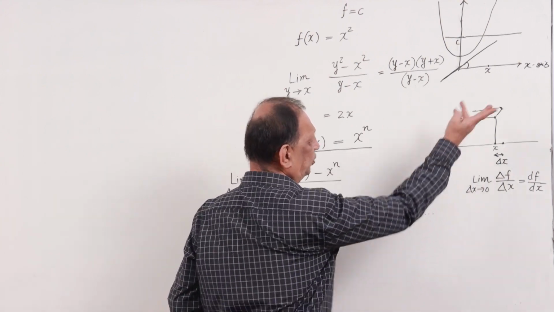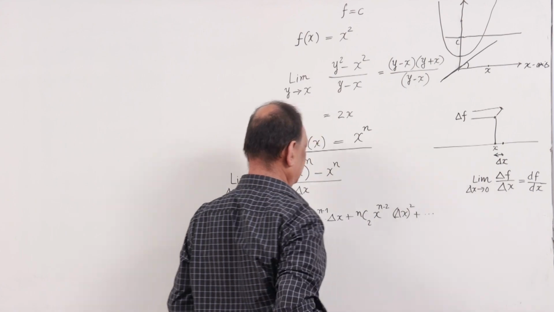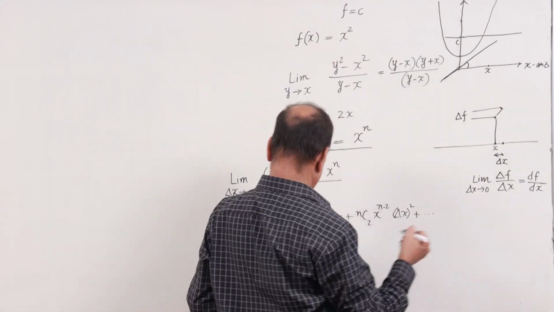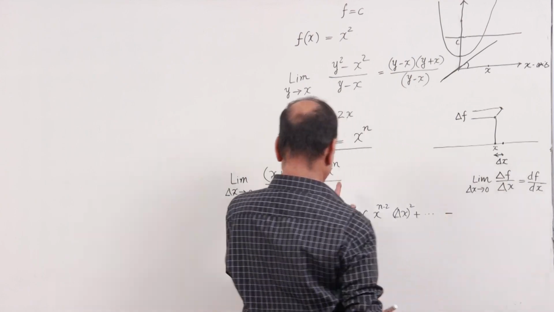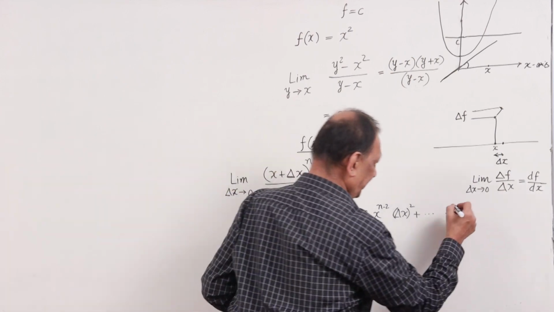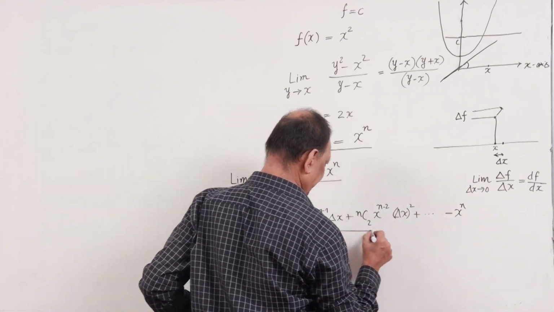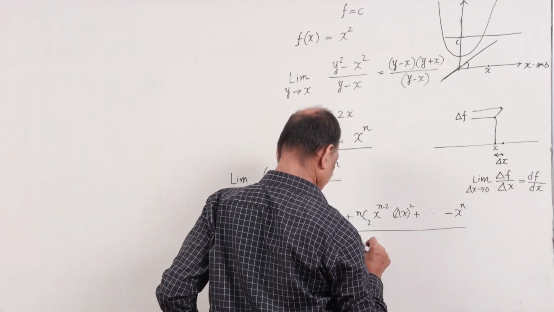Next we'll have delta x cubed, then delta x power 4, and so on, all the way till the end, which will have delta x to the power of n, right? Minus, of course, x power n, the original value of the function, whole thing divided by delta x.